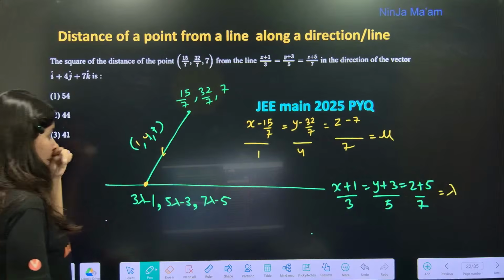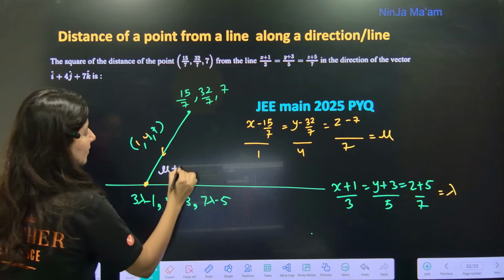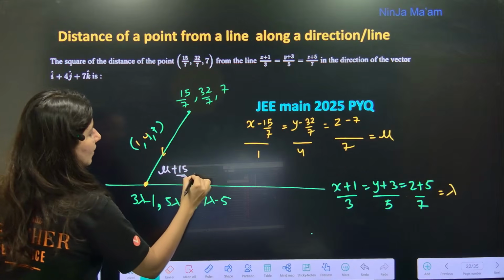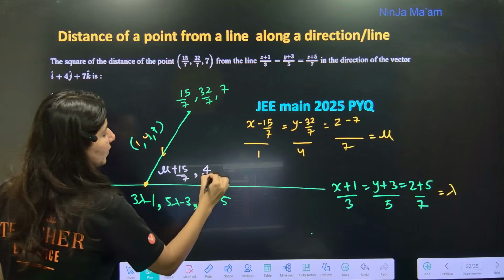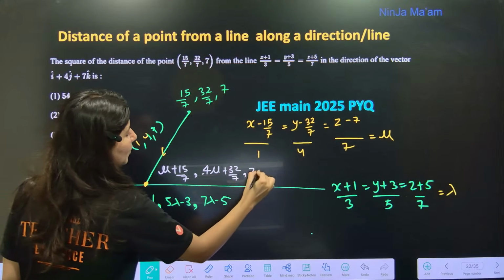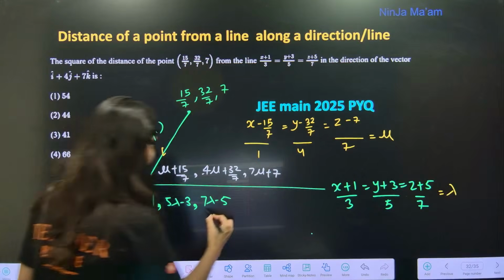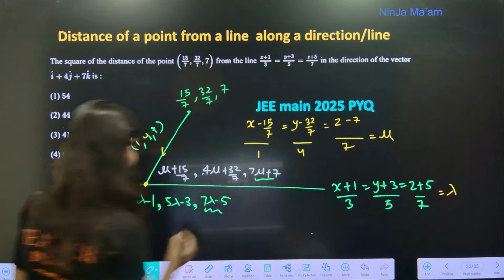Okay. And what about this? This is mu plus 15 by 7, comma 4 mu plus 32 by 7, comma 7 mu plus 7. Okay, now equate. I think I would equate this and this much easier for me.